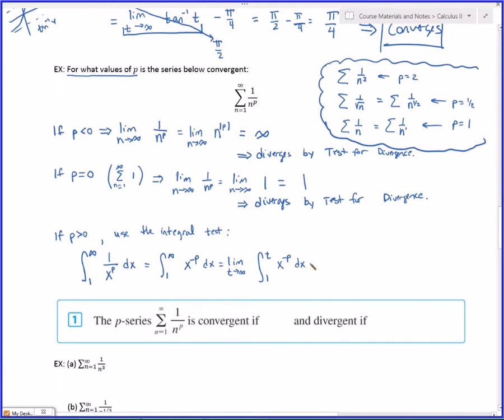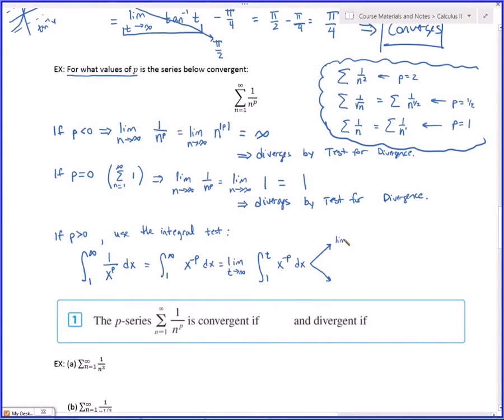All right, now there's two possible outcomes to this. When you integrate x to the minus p, normally all you do is add 1 to the exponent and divide by it, right?